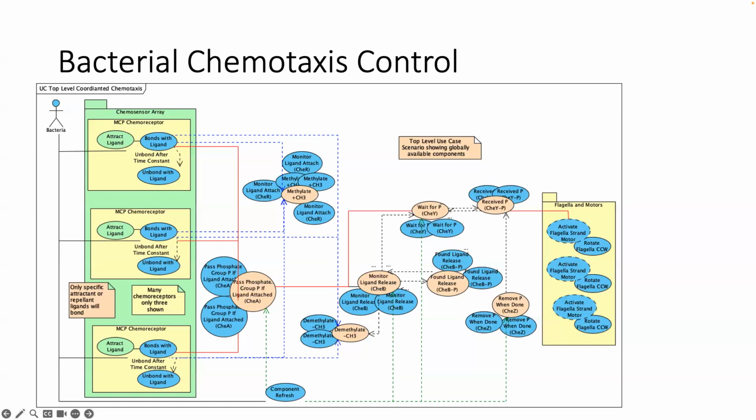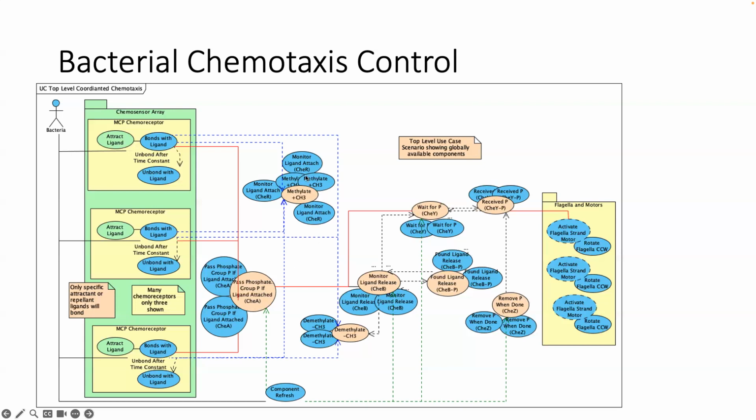Some of the characteristics of the chemotaxis control are the following. There's 3 tightly coupled sub-processes, and I already mentioned what those are just a few minutes ago. It's an optimized design for this specific application. It detects specific chemicals, a handful that it senses, and then the chemotaxis sub-process instances within a bacteria coordinate their efforts.